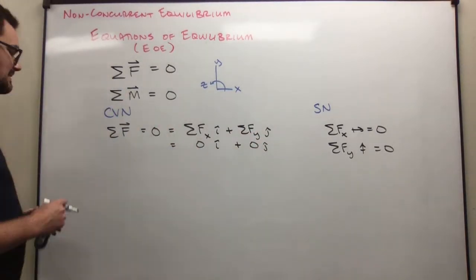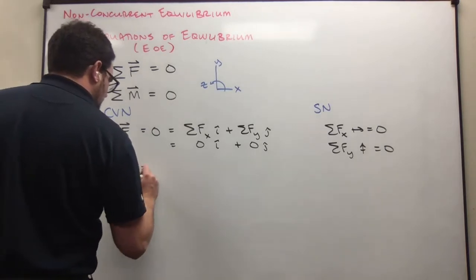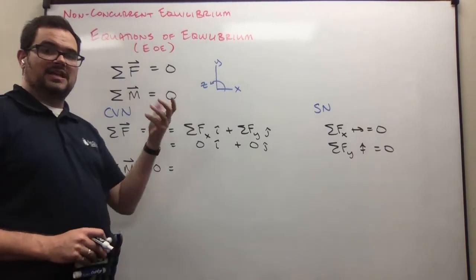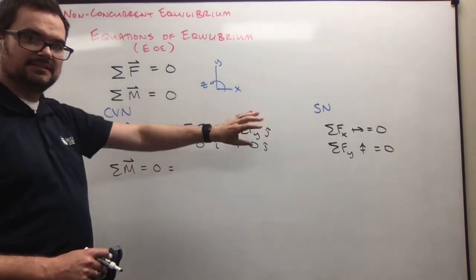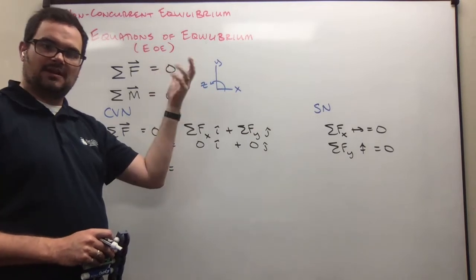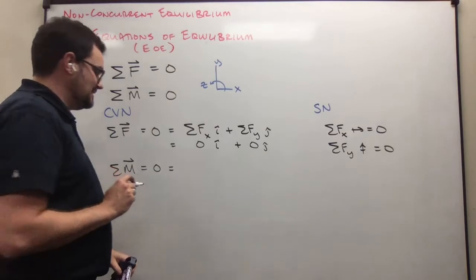Now, let's think about the sum of the moments. We know that our sum of the moments is equal to 0, but let's remind ourselves, in 2D, do we have any rotation about the x-axis? That's a 3D behavior. Do we have any rotation about the y-axis? Well, that's a 3D behavior as well. But what we do have is rotation about the z-axis.